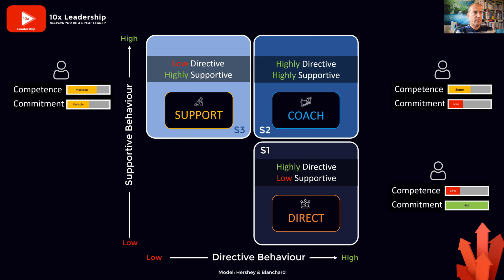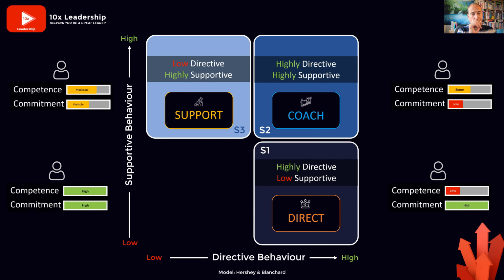And the final scenario or person is one who is high in both competence and commitment. And in an ideal world, that's where all of your team would be. And if you've got a team of people who are all really committed and all really competent, you're onto a winner before you even start.